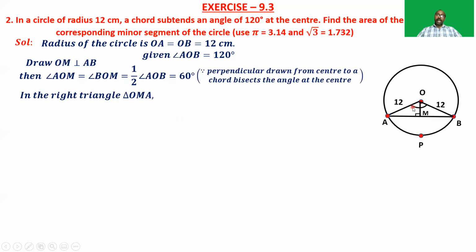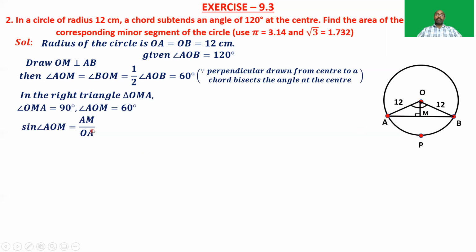we have angle OMA is equal to 90 degrees, angle AOM is equal to 60 degrees. Now, we are taking the trigonometric ratio sine here. Sine of angle AOM is equal to side opposite to angle AOM by hypotenuse. The side opposite to angle AOM is AM, and the hypotenuse is OA.